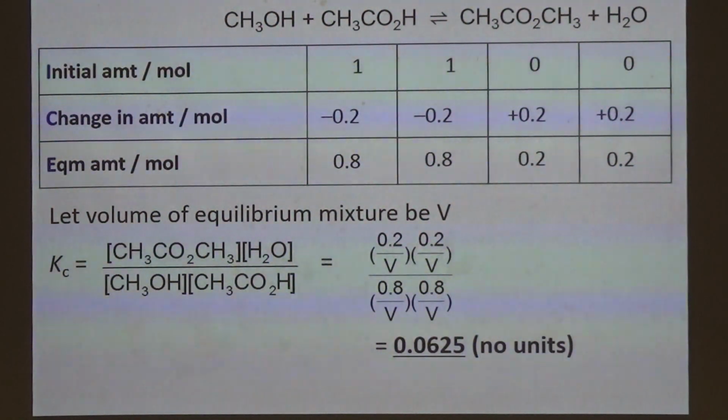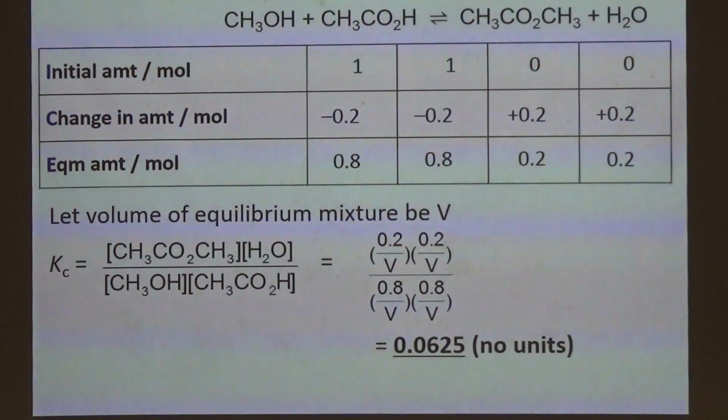No units. I don't have a V term in the end, and they all cancel out when the number of moles of reactants is equal to the number of moles of product. So that's for question 4.4, where we don't need the volume to solve.